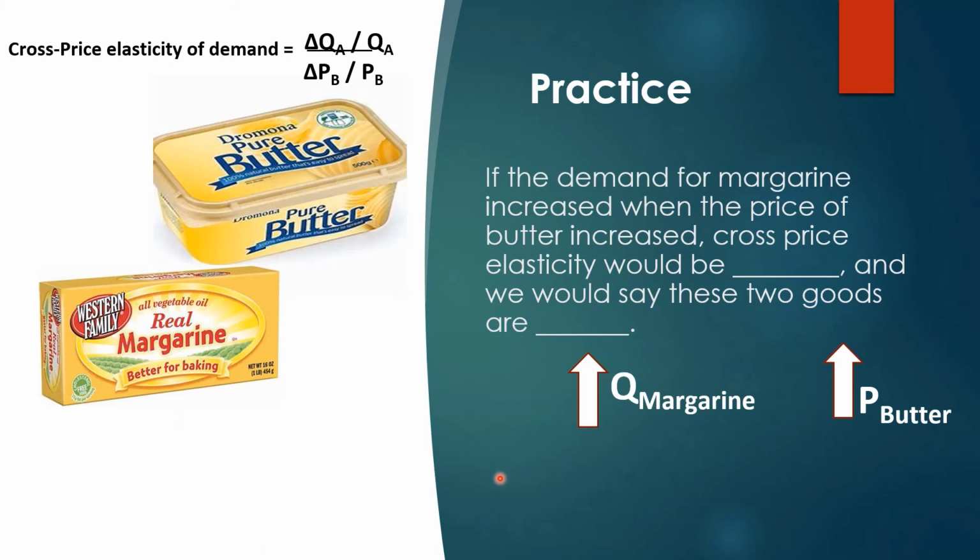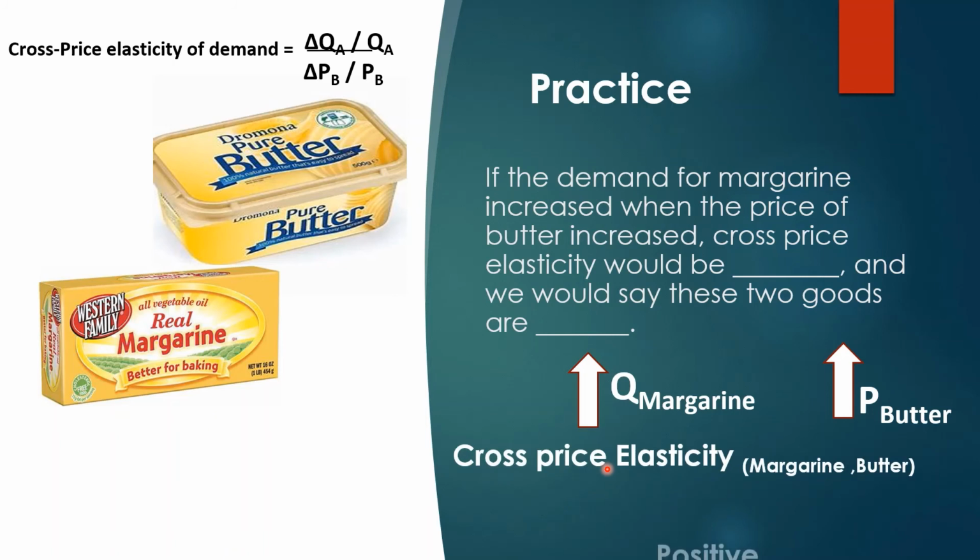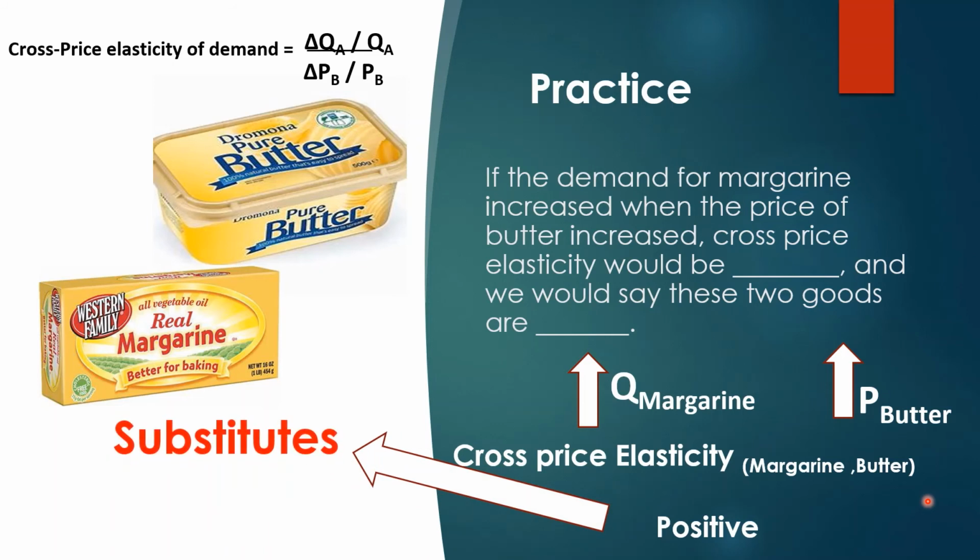So the cross price elasticity is going to be positive, which indicates that these goods are substitutes for each other. Substitute goods are those goods which can be used in place of each other. So if the price of butter is increasing, you can substitute it with margarine, or if the price of margarine is increasing, you can substitute it with butter.